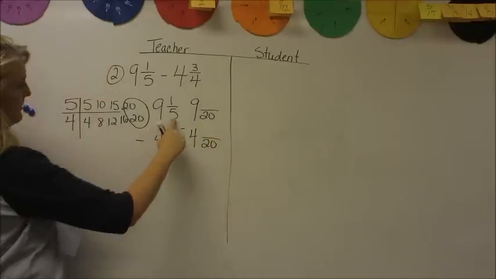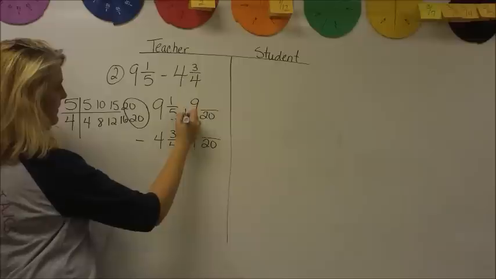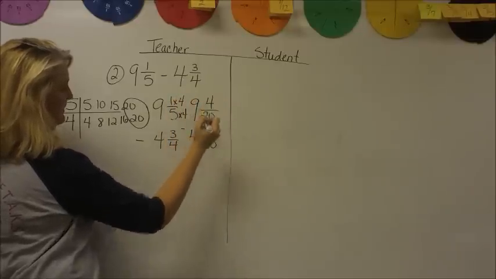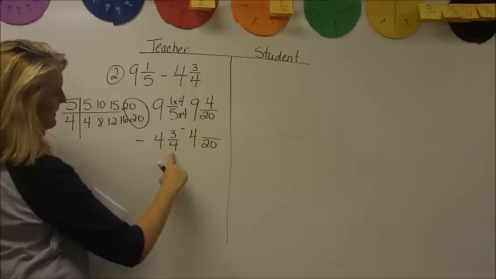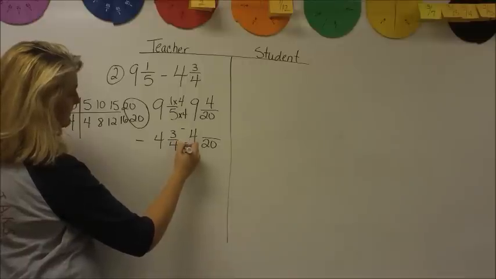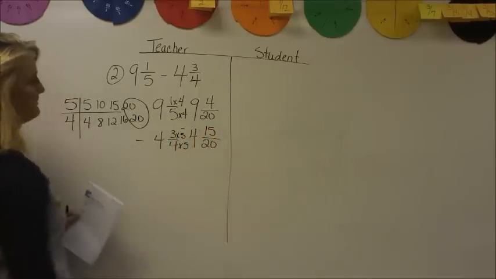All right. 5 times what equals 20? 5 times 4. So I've got to multiply the top times 4. Then I've got 4 times 5 equals 20. So 3 times 5 equals 15.